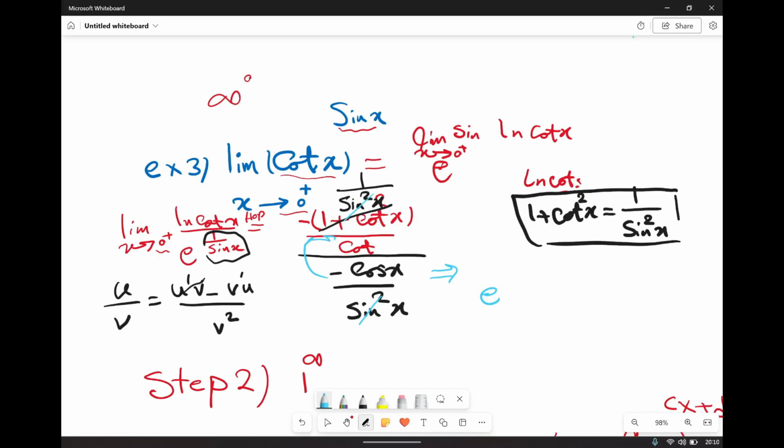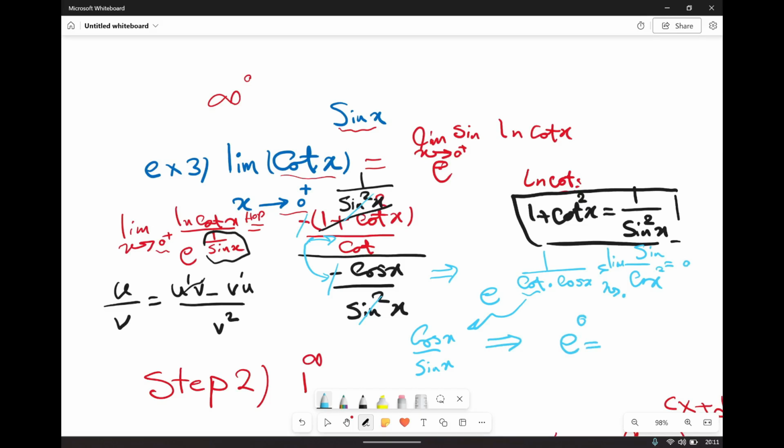We reduce cotangent with sine and we cancel this minus, which is exactly e cotangent times cosine, and this is cosine divided by sine x, and the total answer is sine power 2 over cosine x. Right now the limit as x goes to 0 of sine x cosine power 2, and when we put x goes to 0, the answer is 0, but the total answer is e power 0, which is 1.